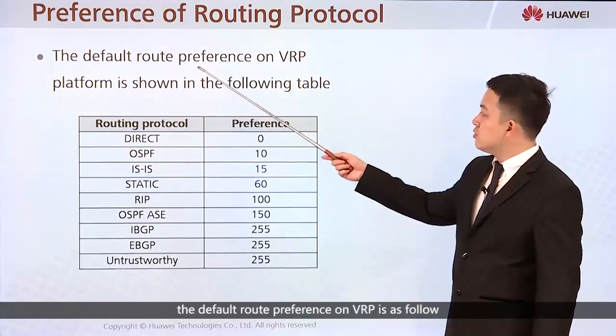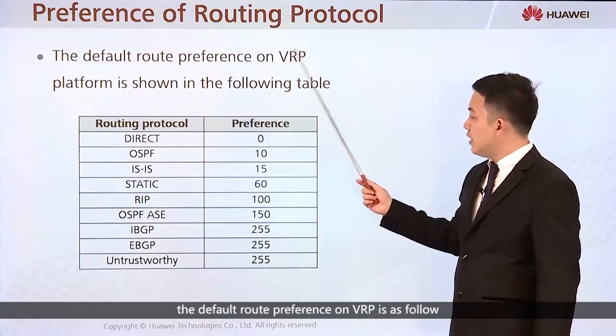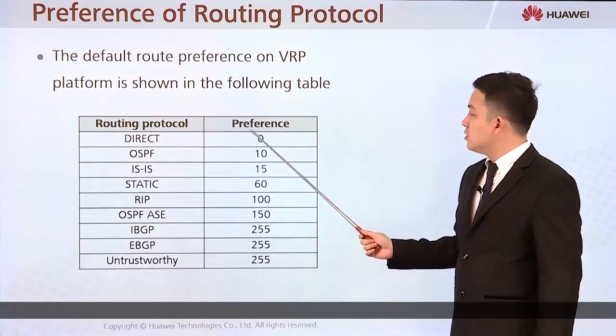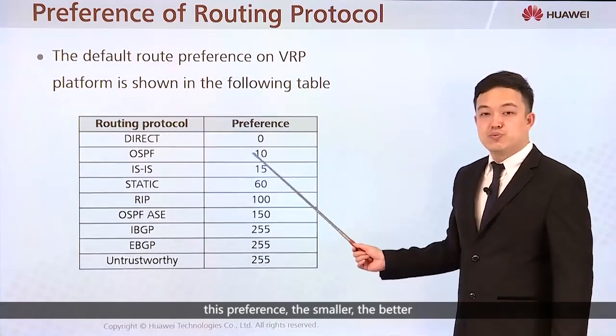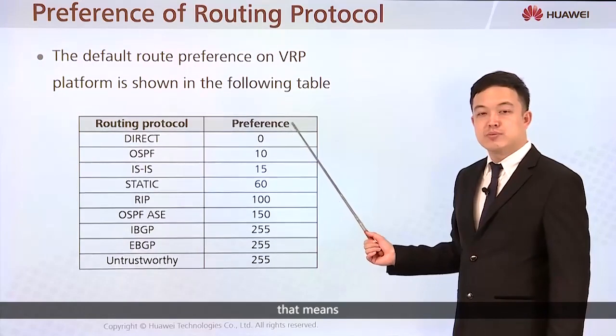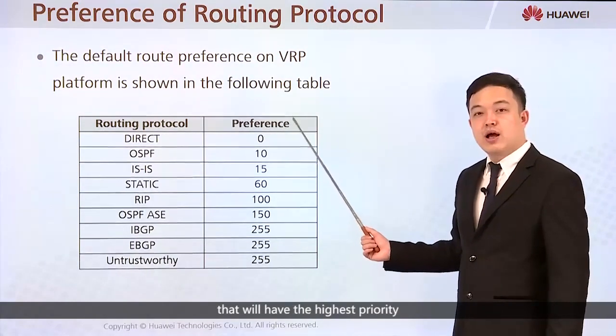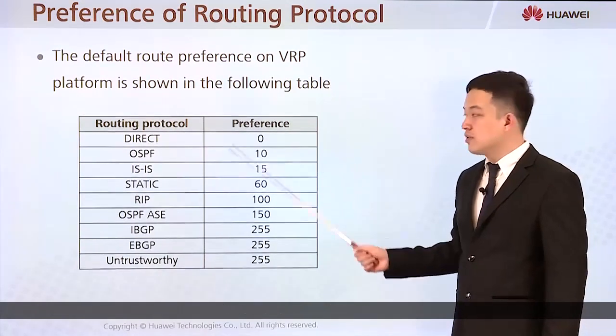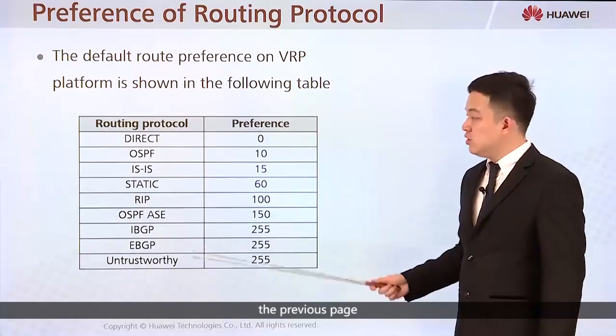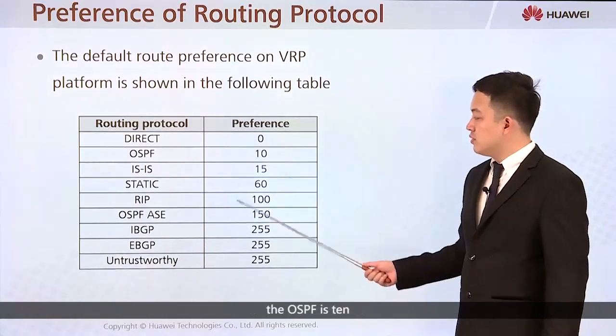The default route preference on VRP is as follows. For this preference value, the smaller, the better. That means if it is 0, it will have the highest priority. Looking at the previous page, which will be selected?